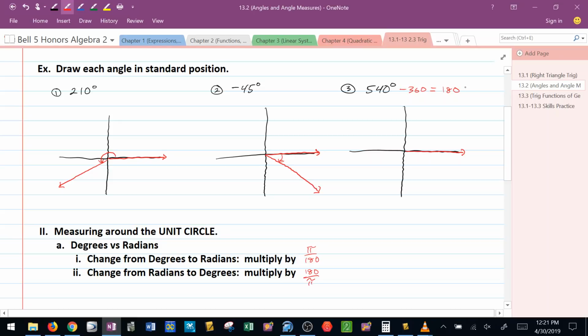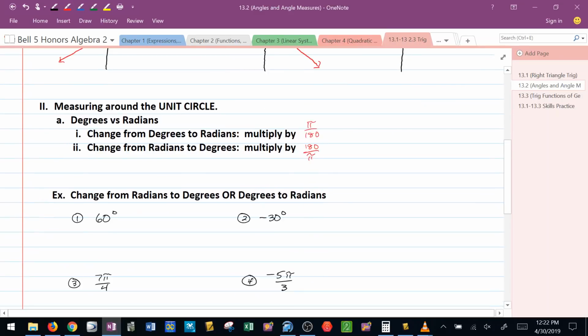Now I'm back at the initial side. So if I go 180 more degrees, that takes me out this direction. So it looks like a 180-degree angle. But how I can represent it as 540 degrees is I start and rotate all the way around using this little symbolic way of representing it. That's how I move to get to 540 degrees.